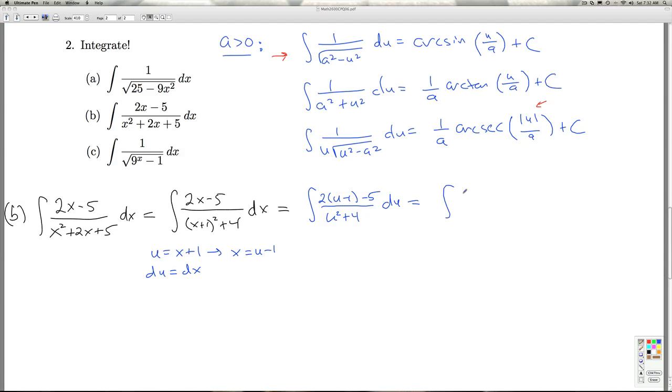And so this gives us the integral of 2u minus 7 over u squared plus 4 du, which I can separate as the integral of 2u over u squared plus 4 du minus the integral of 7 over u squared plus 4 du.